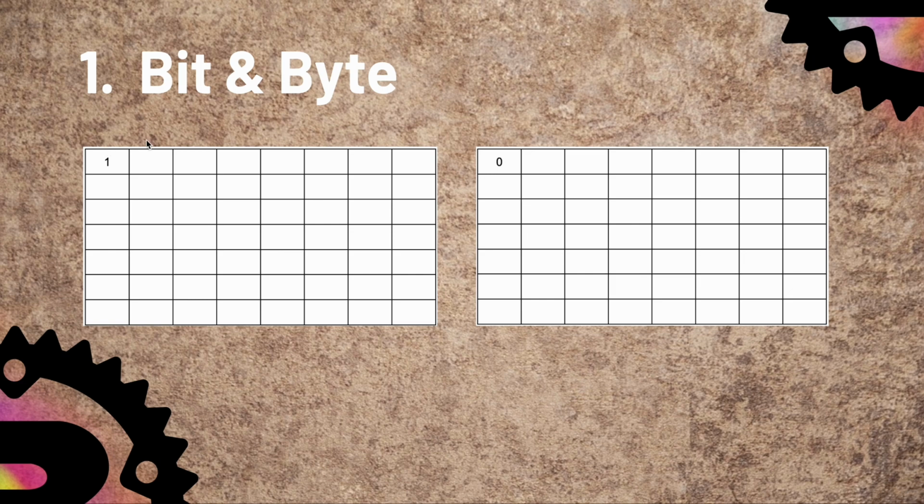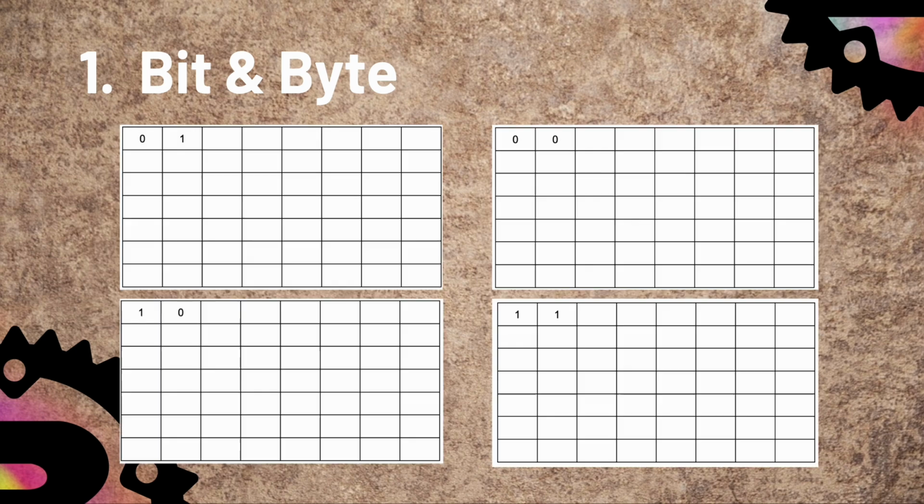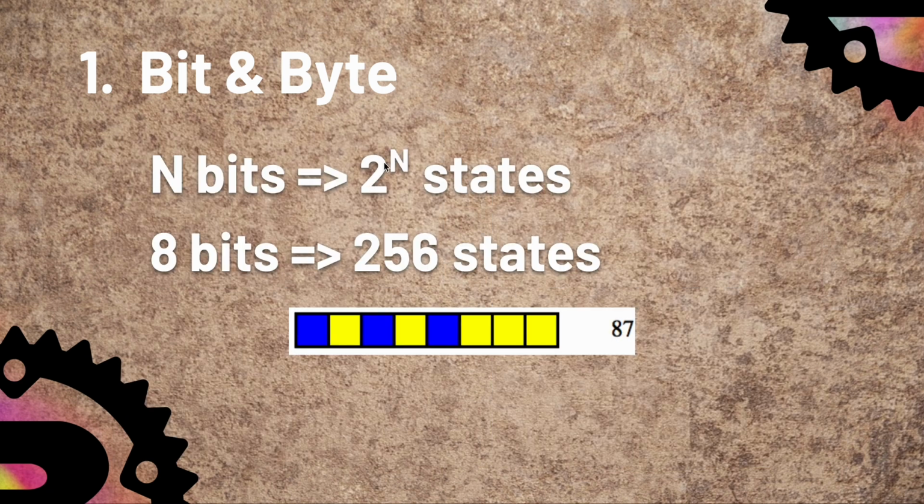So if we put two bits together, the machine can decode 4 states, like 0 0, 0 1, 1 0, or 1 1. Generally speaking, n bits allows us to encode 2 to the power of n states, and this allows us to represent many more numbers.